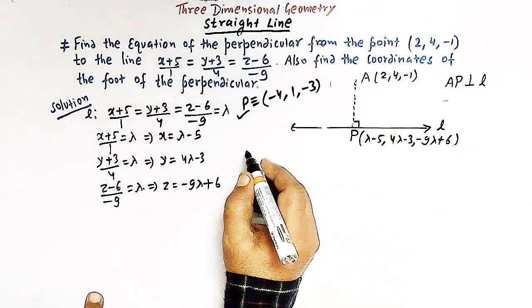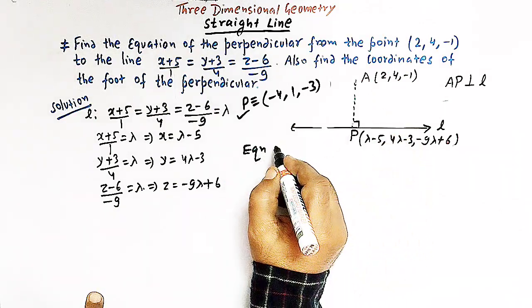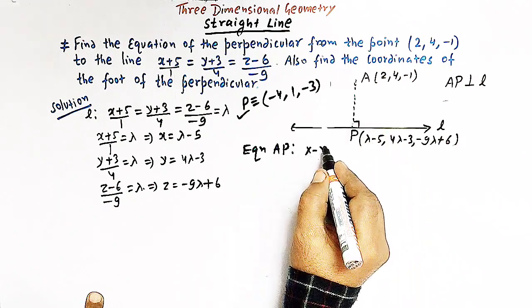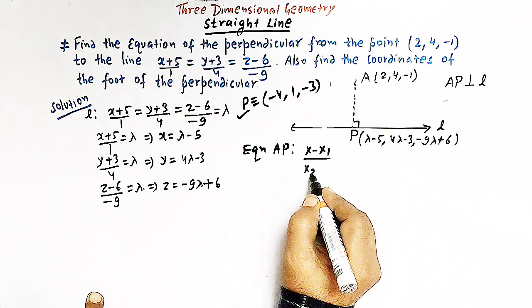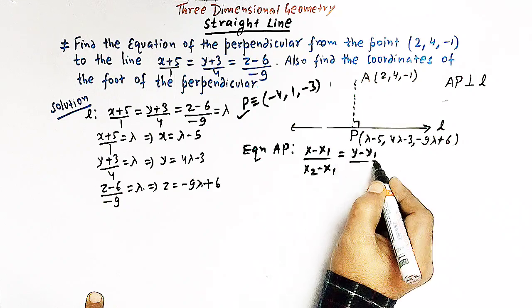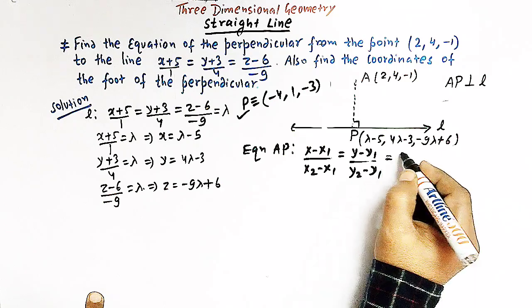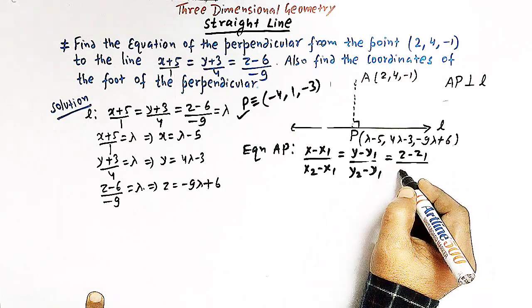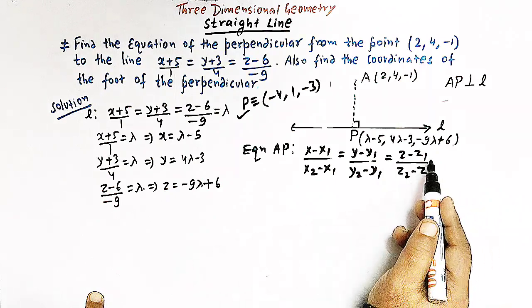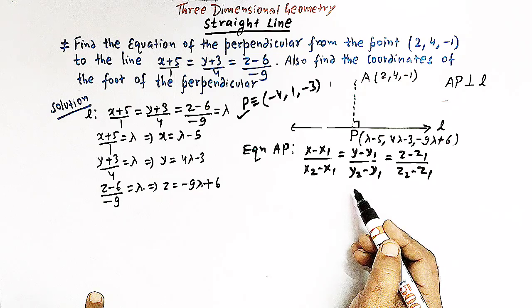So now the equation of this perpendicular AP can be written as x minus x1 over x2 minus x1 equal to y minus y1 over y2 minus y1, and z minus z1 over z2 minus z1, right? So this is the 2-point form of the equation of a straight line.